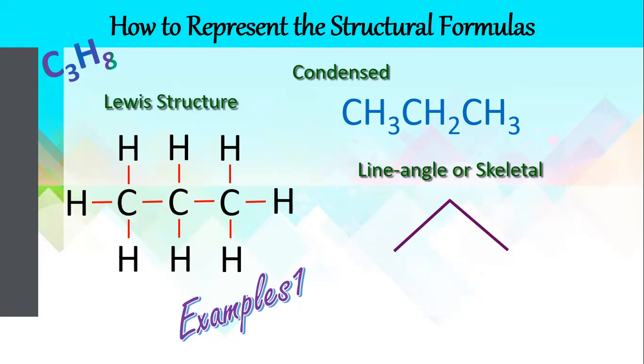When you're drawing it, remember you have fewer bonds than you have atoms. So three carbons have two bonds between them, and the trick to recognize is that every corner, every angle, every bend represents another hidden carbon atom.